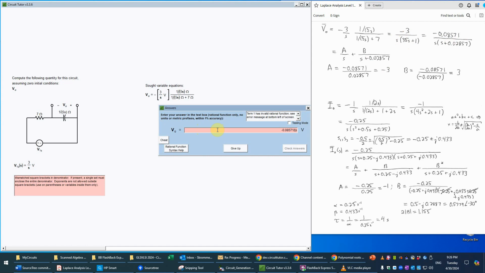So I'll have the s, which doesn't need parentheses, and then the s plus 0.02857. And to explain that, here I just wanted to normalize the coefficient of the highest power of s to be 1, because that will put it in the form that's suitable for the partial fraction expansion. So to do that, I divide the top and the bottom by 35. So the 3 over 35 is just this fraction, and then this would be the 1 over 35ths here.